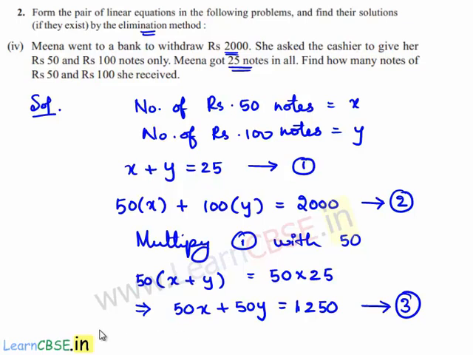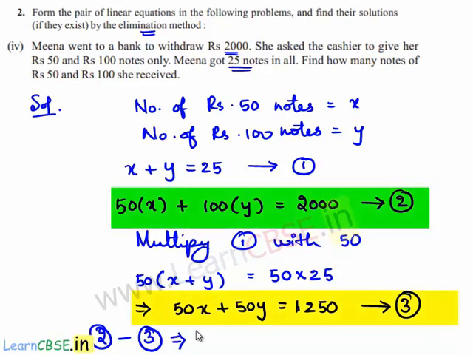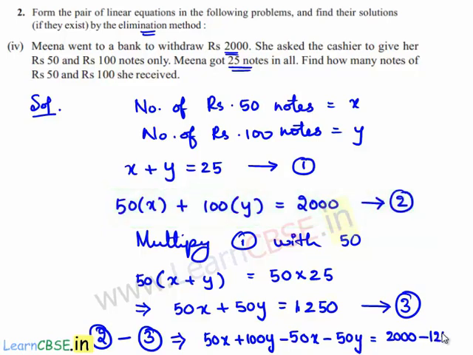Now equation number 2 minus equation number 3 gives 50x plus 100y minus 50x minus 50y is equal to 2000 minus 1250.